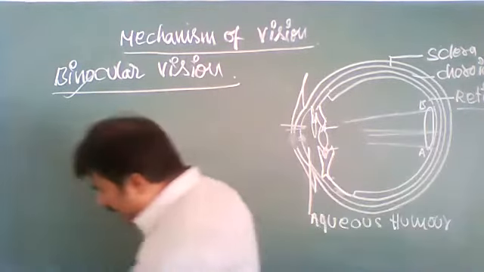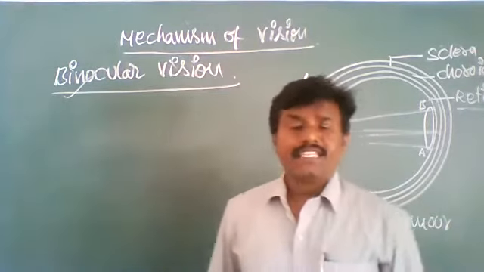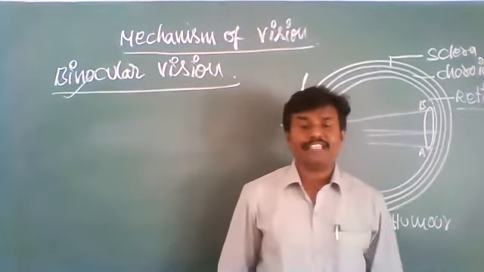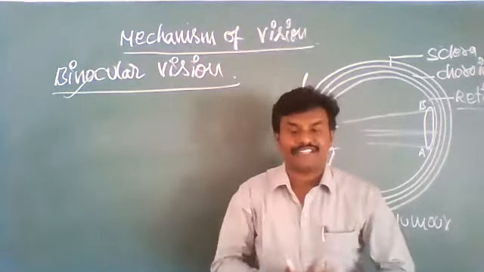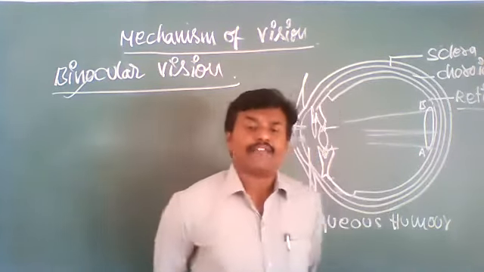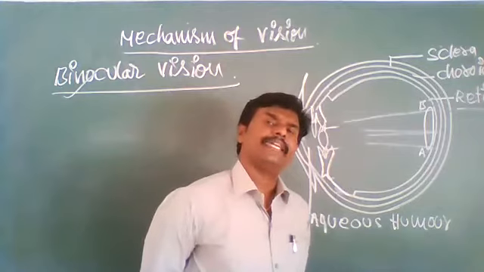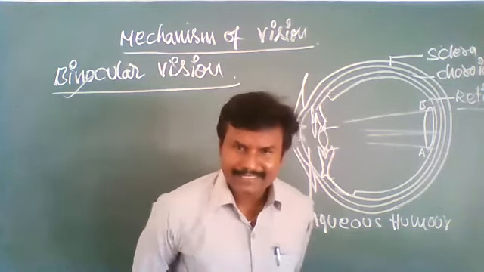Since a pair of eyes are located in the ventral portion, there is an overlap between the visual fields of each eye. That is called binocular vision. So we can see far away objects instantaneously, and we can see near objects spontaneously.